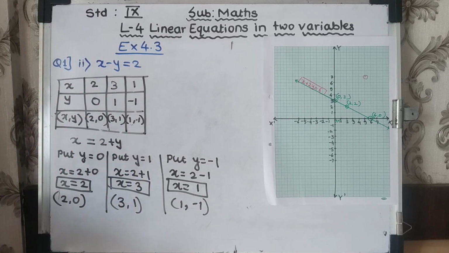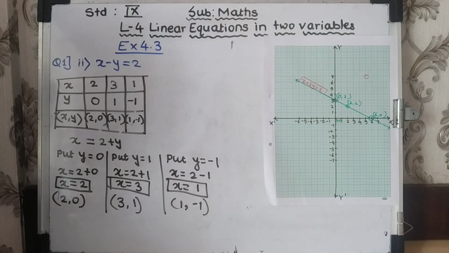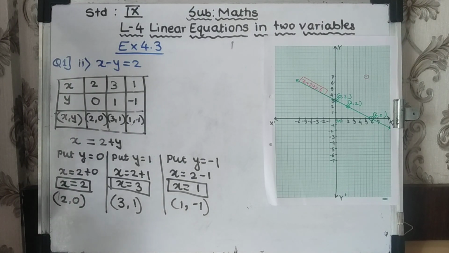Now let us plot these points on the graph paper and draw a line. I am showing it on the same graph paper, but you should draw it on separate graph paper. I am having less graph paper, that's why I am showing on the same one. Now see the points which I am going to represent.